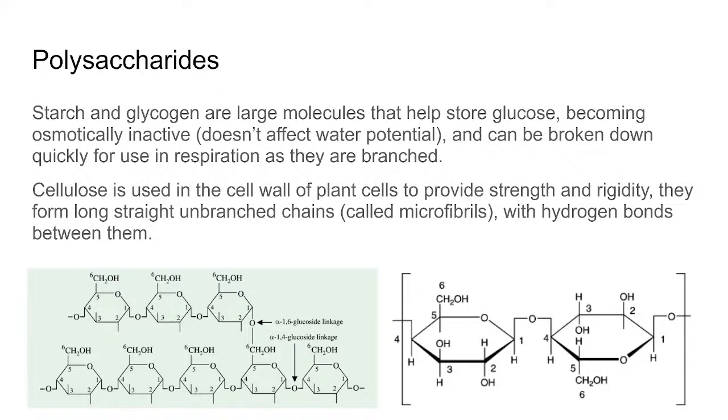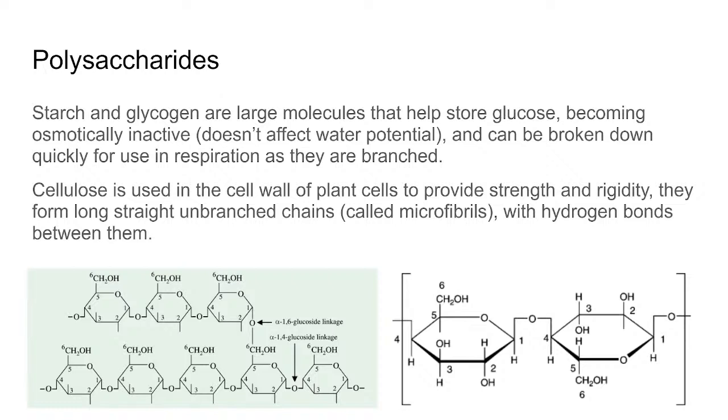So polysaccharides, there are three: starch, glycogen, cellulose. Starch and glycogen are large molecules storing glucose. They're branched, with many ends, so they can be hydrolyzed quickly. They're osmotically inactive, so they won't affect the movement of water going into the cell.